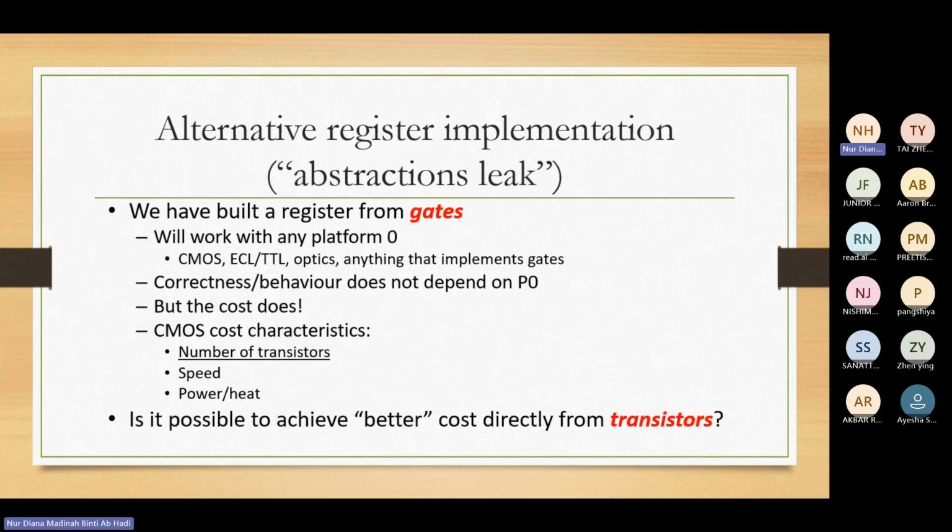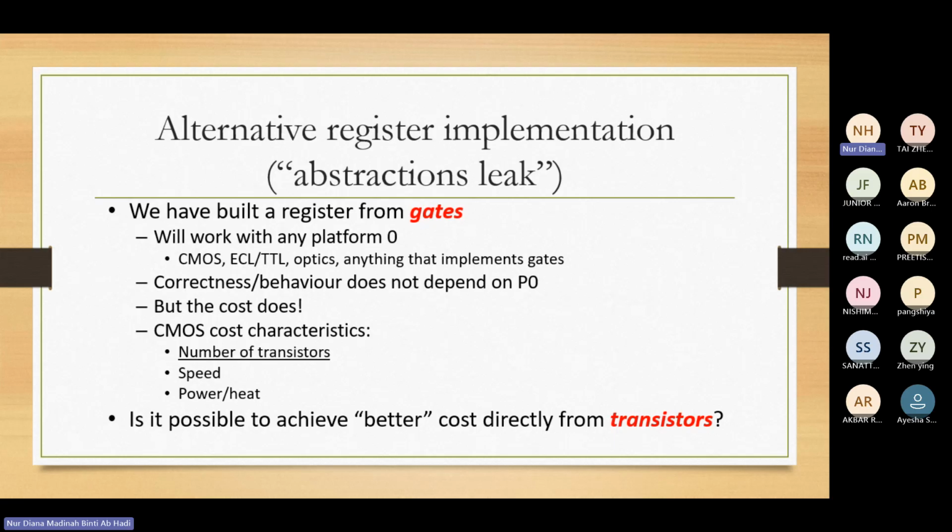So alternative register implementation is known as an abstraction, like we have built a register from gates. You will work with any platform, your hardware, which involves CMOS, ECL, PTL, optics, and anything that implements your gates. Correctness of behavior does not depend on your platform, but the cost does.